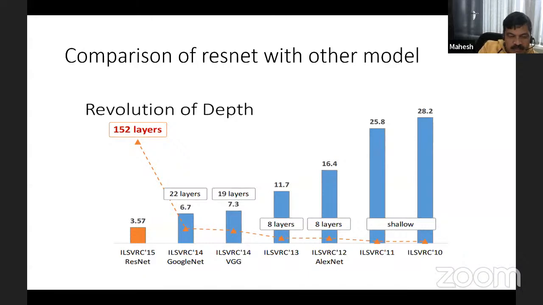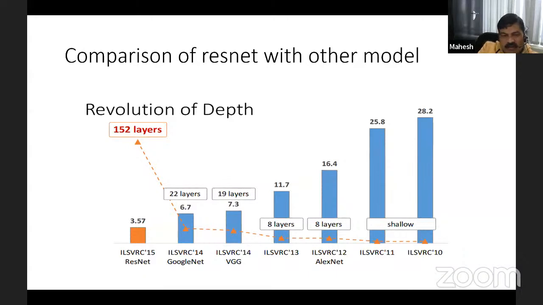You can see very good accuracy, with the error down to 3.57%. But we have paid a very high cost for that, in terms of layers, which increased to 152 from 22, just one year before.